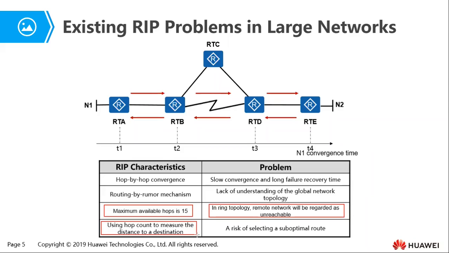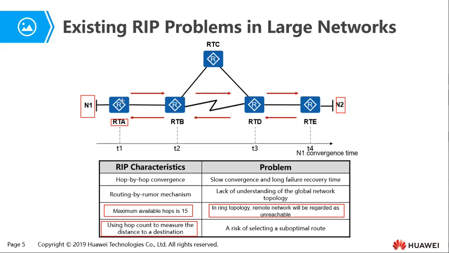Then the other one is that it uses hop count to measure the distance to a destination. That means that if you want to send a packet from network 1 here to network 2, then RTA is going to forward the packet using the path that has the fewest number of hops, or fewest number of routers.